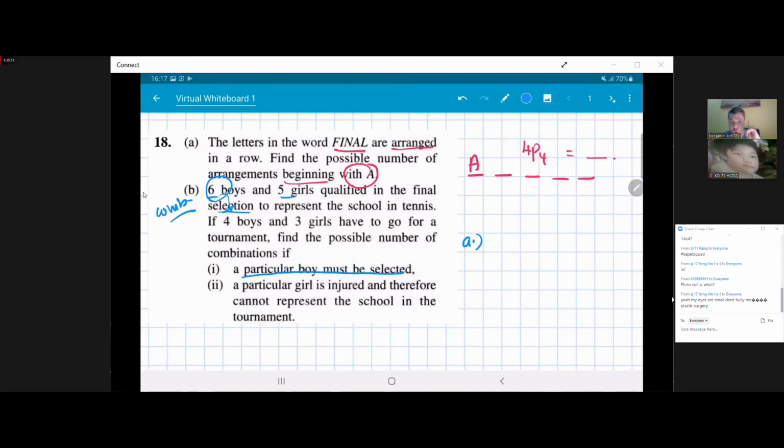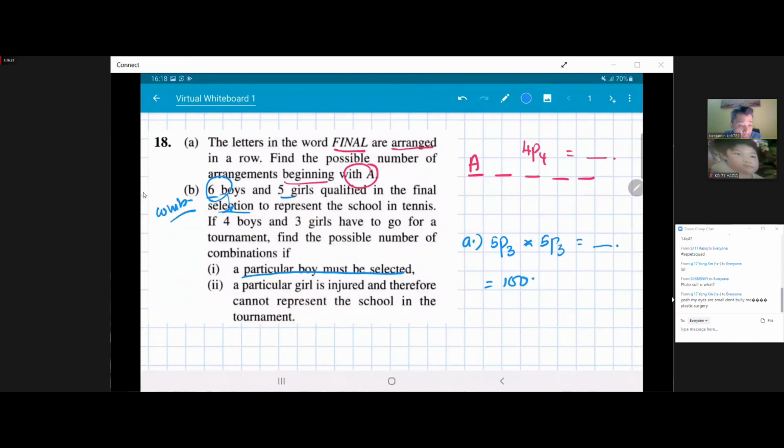If 1 boy is already pre-selected, that means it's 5P3. You know why 5? Because 6 boys, if I already select 1 boy, balance 5 boys. I need 4 boys, 1 boy already chosen, so 3 boys left. What about the girls? You have 5 girls, but you want to choose 3 girls, which means multiply another 5P3, and then you find your answer. Okay, yes, and then the answer here equals 100 as well.